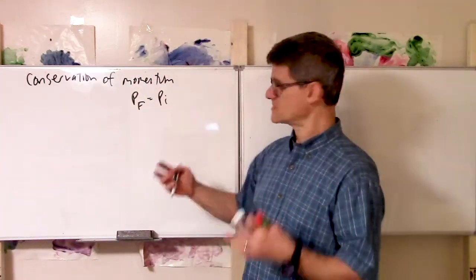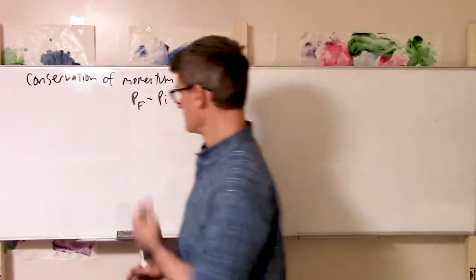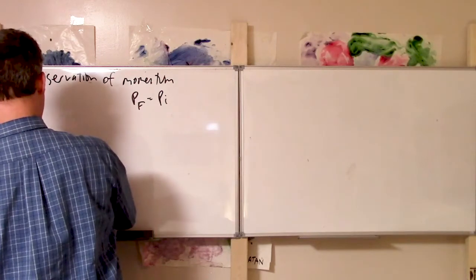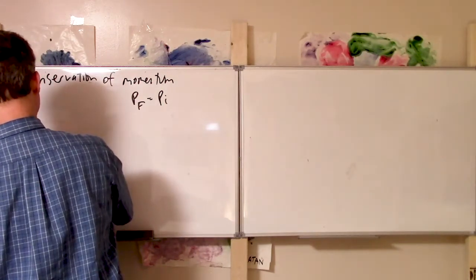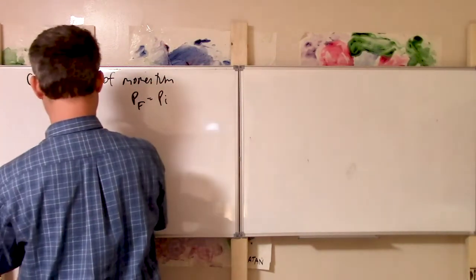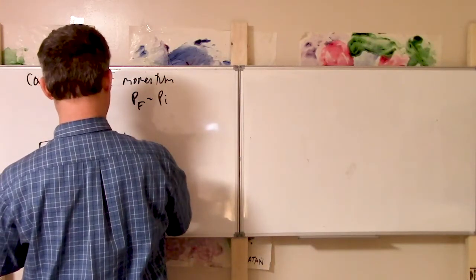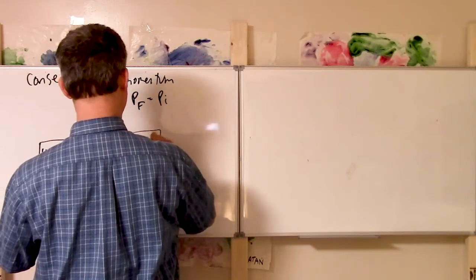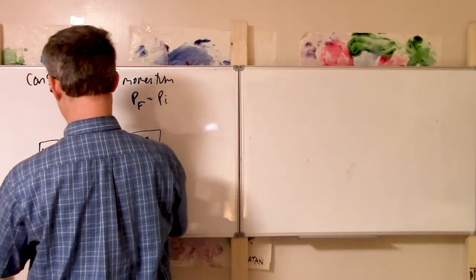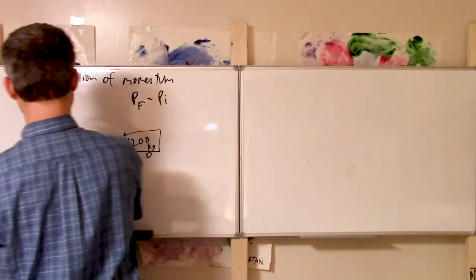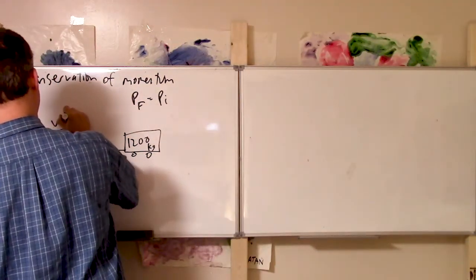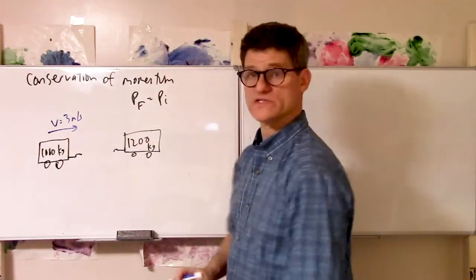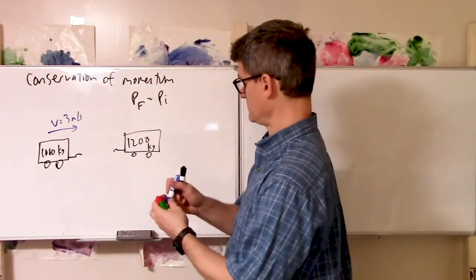A capital P means the total momentum of all the objects in the system. So let's just say these are 1,000 kilograms. I'm sure they're more than that. Let's make it a different mass, 1,200 kilograms. Okay, so this one's moving at a velocity of 3 meters per second. They connect together, and then what's the final velocity?